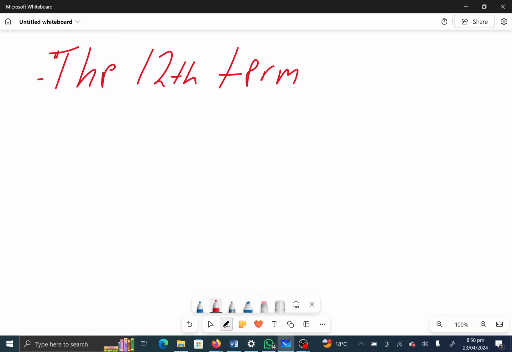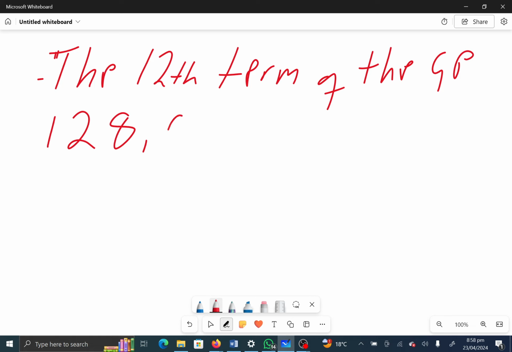So we are saying that the 12th term of the GP is 128, 64, 32, and so on.